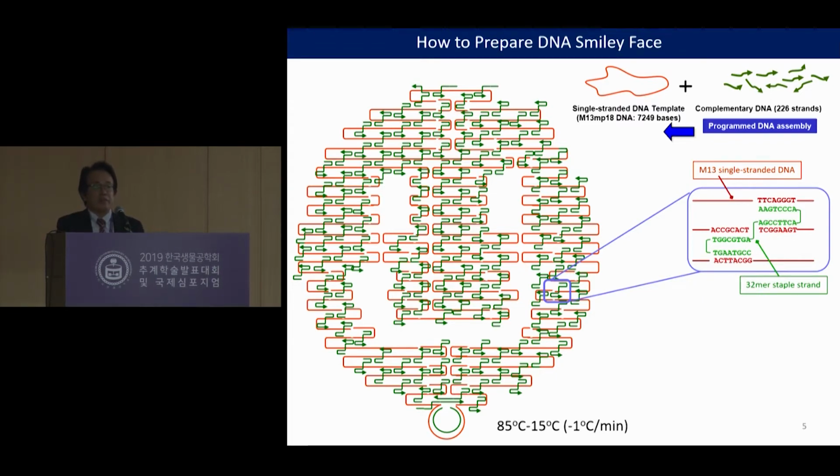We mix M13 DNA with these staples, heat it up to 85 degrees C, and cool down to room temperature. Then we can get the smiley face.